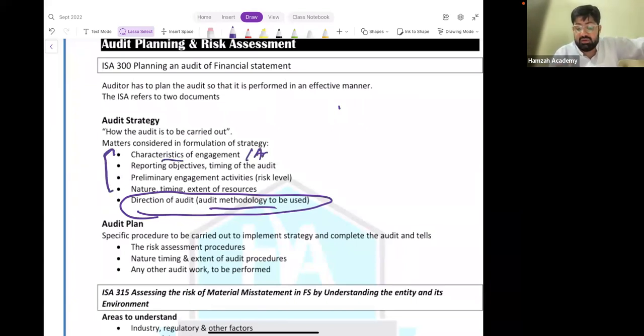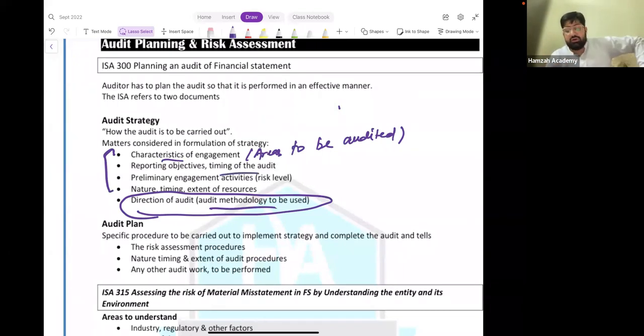Characteristics of engagement means what are the areas to be audited? What are the items to be audited? What is the time available for audit?